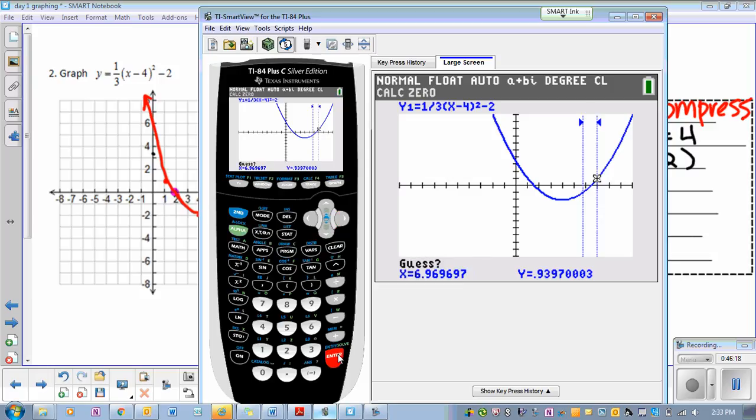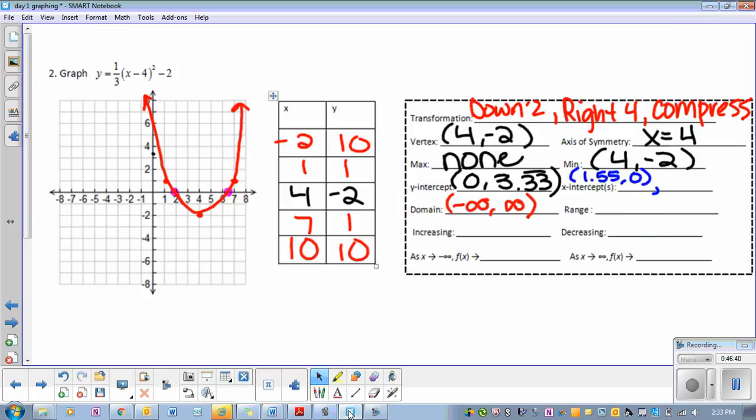Hit enter again. 6.45, comma 0. Oh, Alex? Did you get this? You didn't do this one? Did you get the other one though? Okay, try this one. 6.45, comma 0.